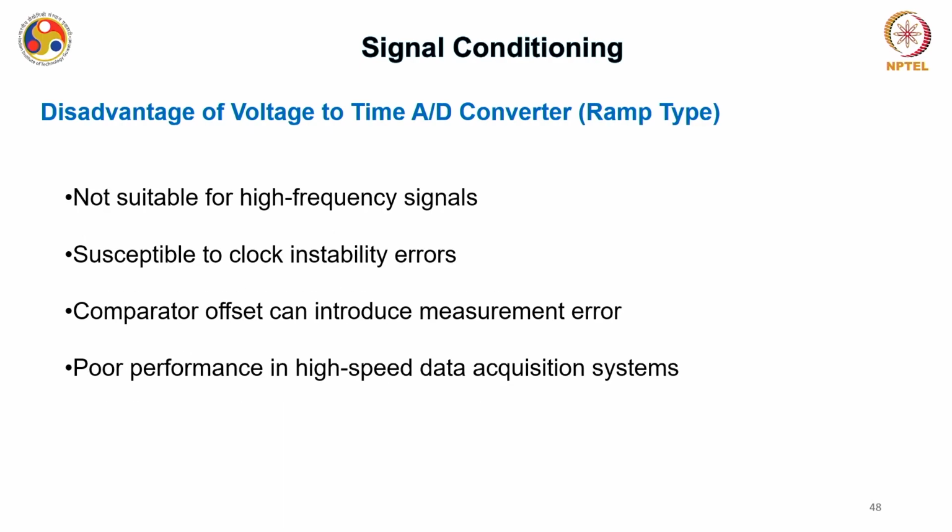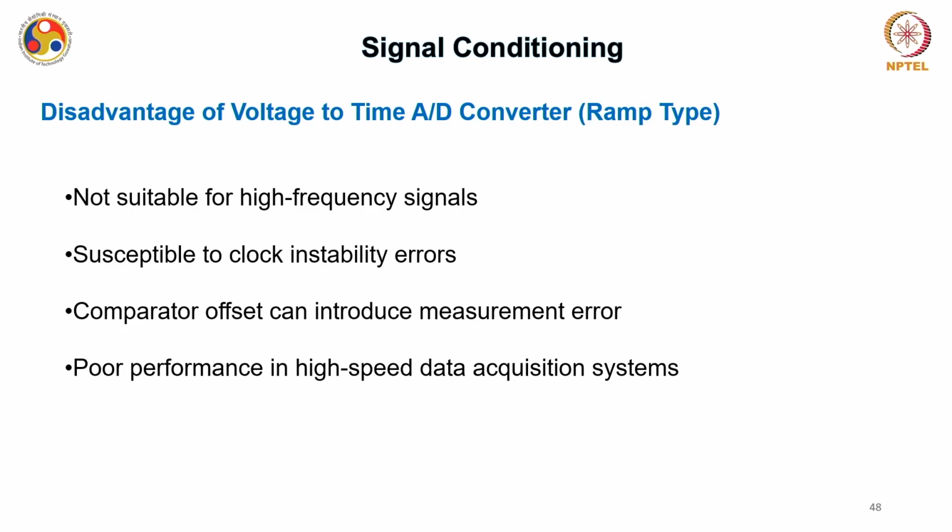They are not suitable for high frequency signals. They are susceptible to clock instability errors because the digital output directly depends on the clock frequency. The comparator offset can introduce measurement error, which should be avoided by choosing an appropriate comparator.